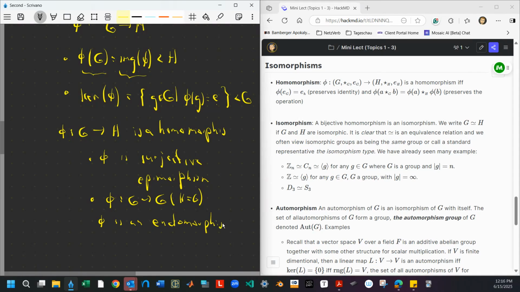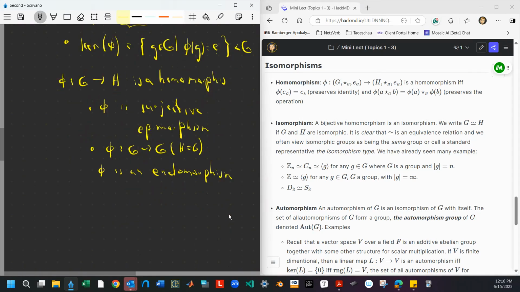Okay, so lots of fun words here, coming from Latin, Greek, I'm not sure. If phi is 1-to-1 and onto, this is an important one. This is actually what this chapter was about. Then phi is an isomorphism.